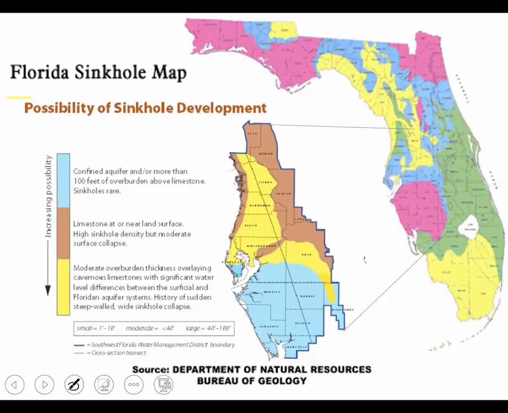So let's look at this, which is just explaining that in a little more detail. This is just the possibility for sinkholes. And again, it has to do with the type of material and the thickness of the overlying material. And again, just as we had with landslides, low, medium, and high.